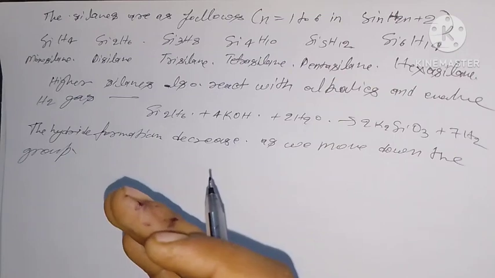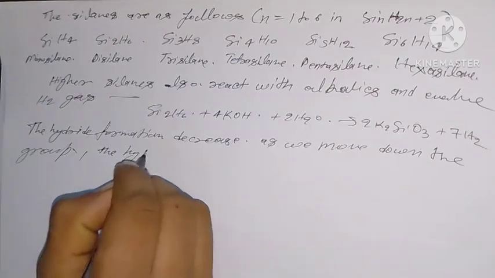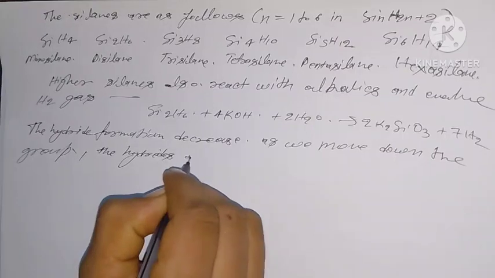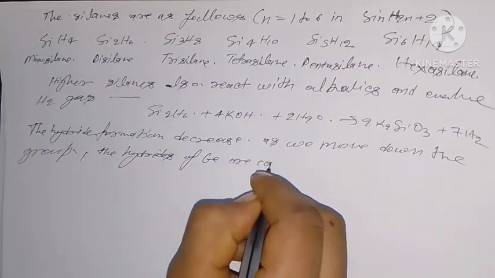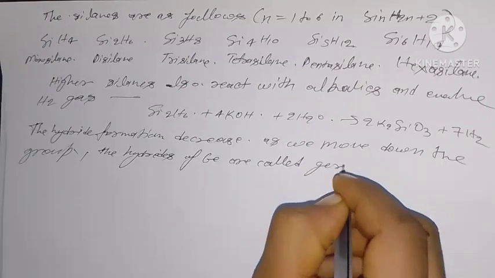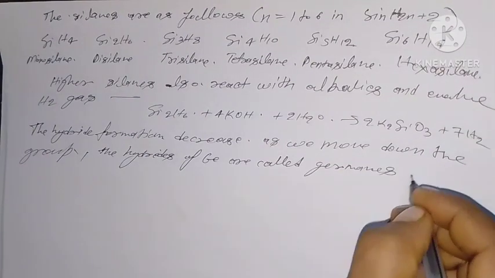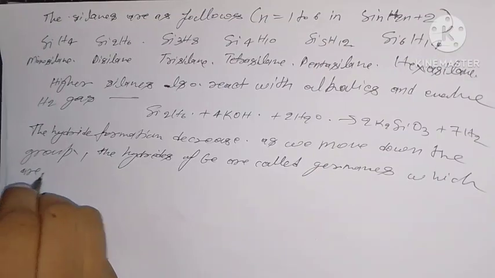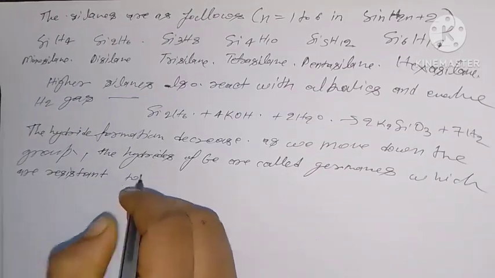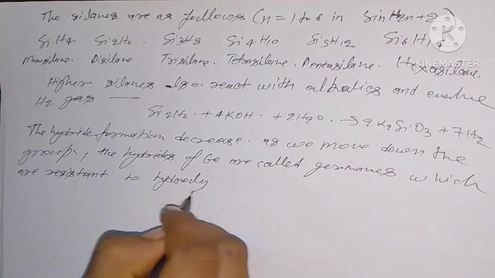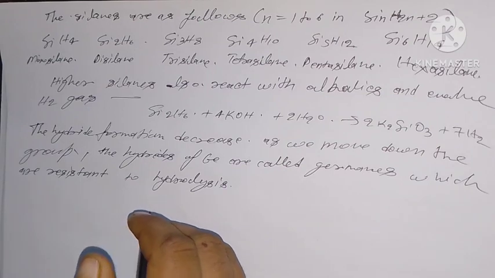The hydrides of germanium are called germanes, which are resistant to hydrolysis.